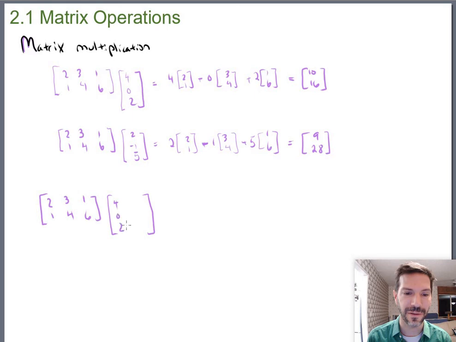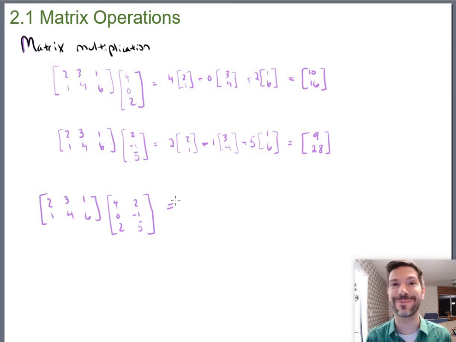So 4, 0, 2, 2, negative 1, 5. So there it is, something we don't know how to do yet, theoretically, is multiply a matrix by another matrix that's not just a vector.